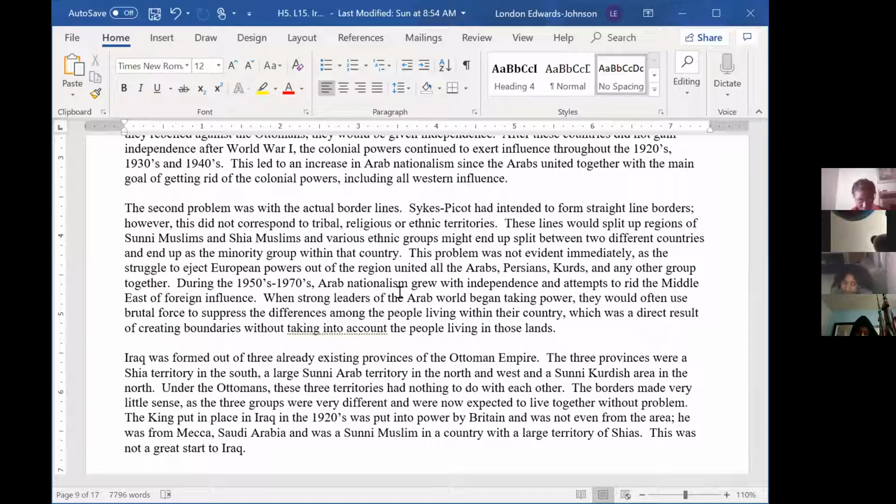This problem was not immediate, as the struggle to eject European powers out of the region united all the Arabs, Persians, Kurds, and other groups together. During the 1950s through 1970s, Arab nationalism grew with independence and the attempt to rid the Middle East of foreign influence. When strong leaders of the Arab world began taking power, they would often use brutal force to suppress the differences among the people living within a country, which was a direct result of creating boundaries without taking into account the people living in those lands.